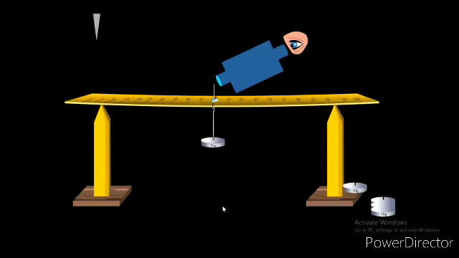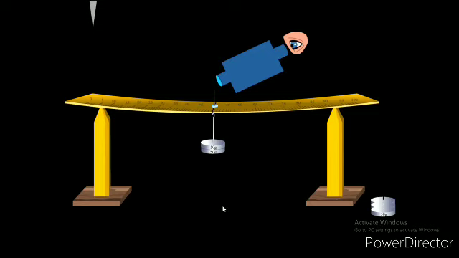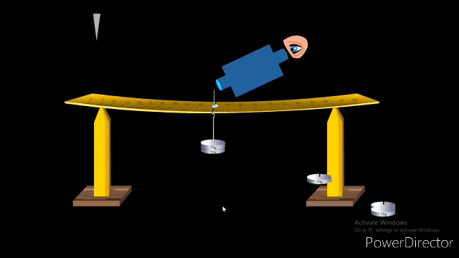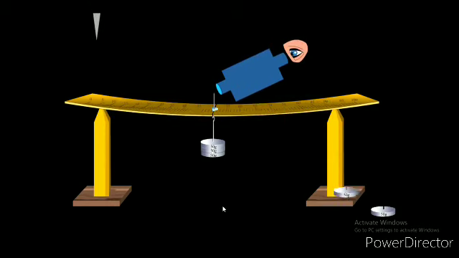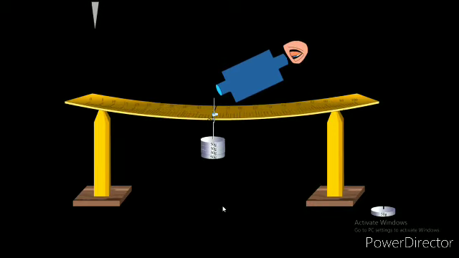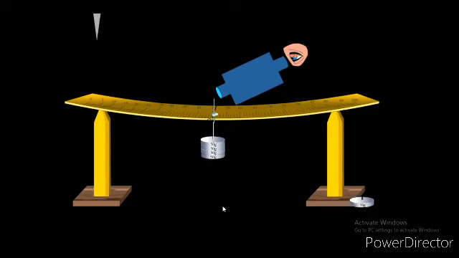Now the weights are added in steps of 50 grams. Each time the tip of the pin is made to touch the horizontal cross wire, and the readings are noted from the vertical scale of the traveling microscope. The same procedure is followed until the maximum load is reached.